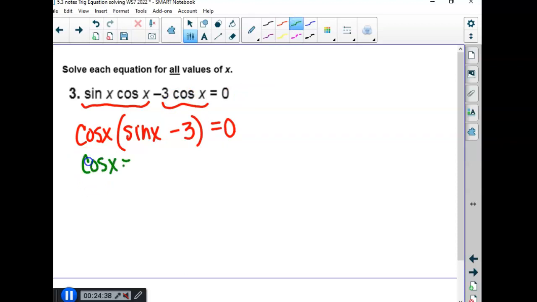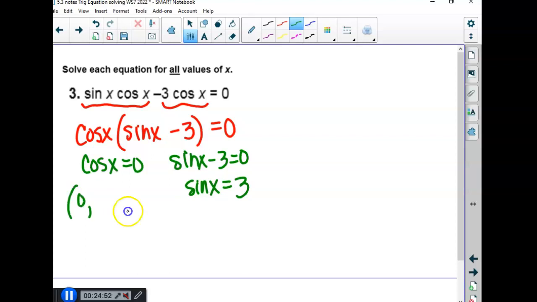This would say cosine x equals 0, or sine x minus 3 equals 0, which would mean the sine of x equals 3. Okay, where on the unit circle is the cosine 0, meaning the x value is 0? Pi over 2 and 3 pi over 2.